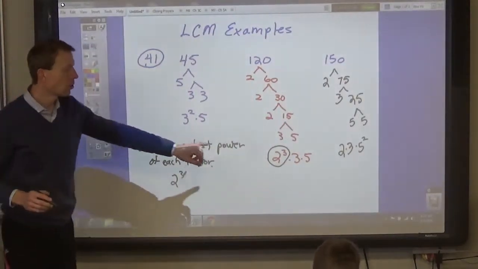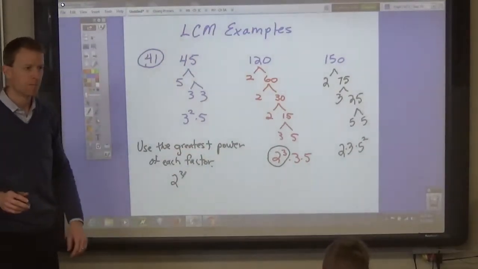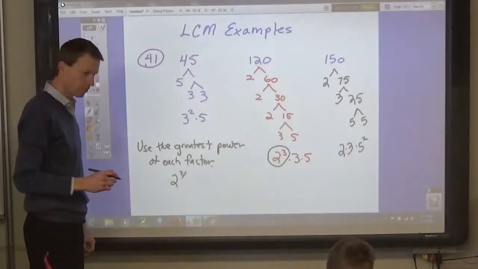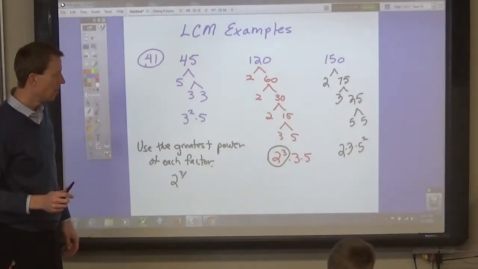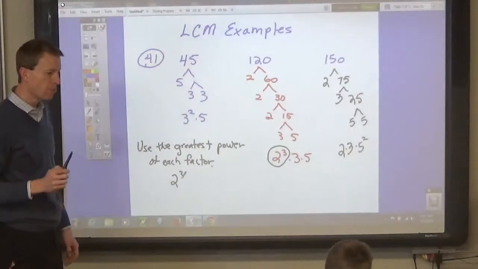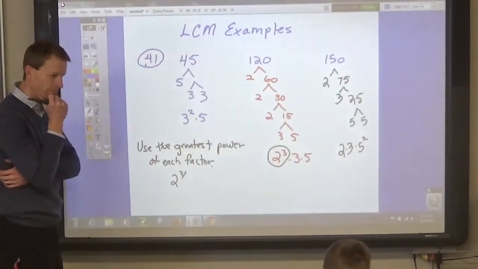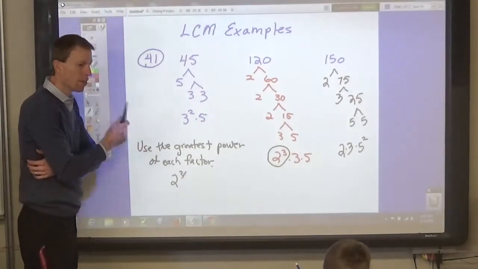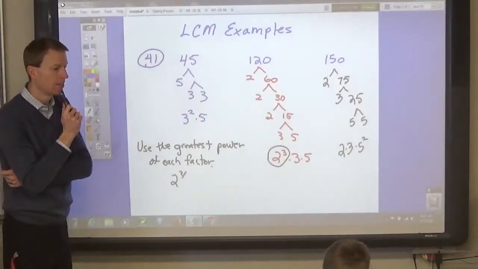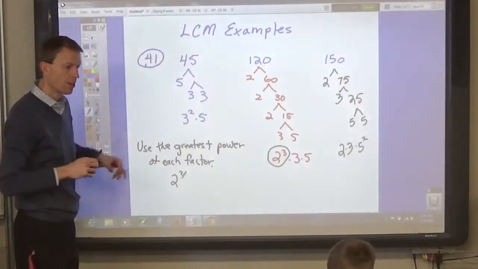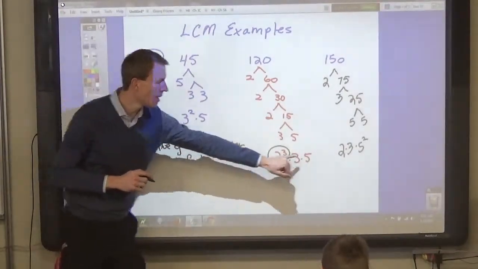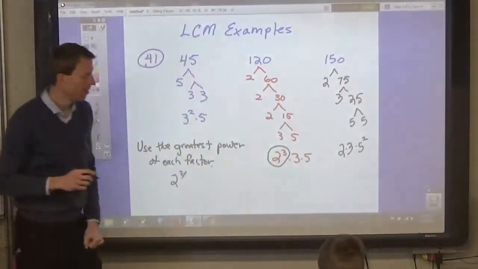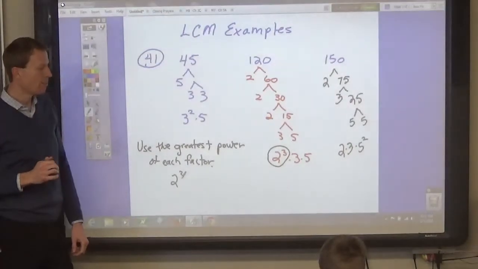Now, what's the greatest power of 3, Johnny? No, the greatest power. Which one has the biggest exponent, of the base 3? Well, we use 2 to the third power because that's higher than 2 to the first power. Which one is the greatest power of 3?